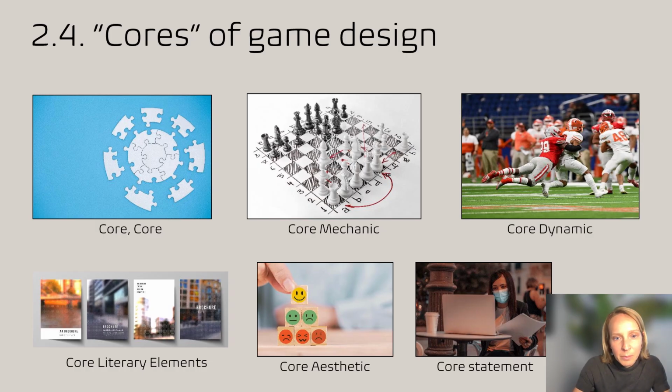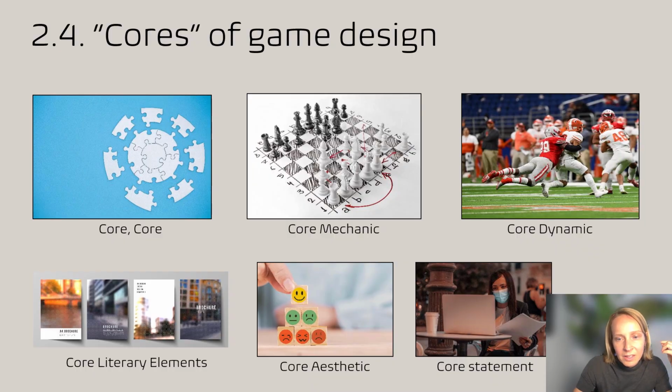So we're going to talk about each one of these individually, but as an overview. A core is a single play experience that a designer is trying to convey. And again, we're going to talk about this in a minute. A core mechanic is the way that a character interacts with the game, often performed repetitively.